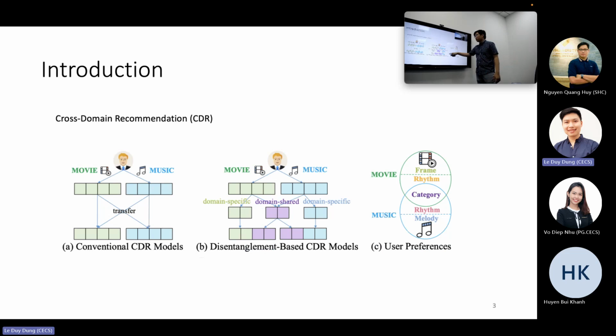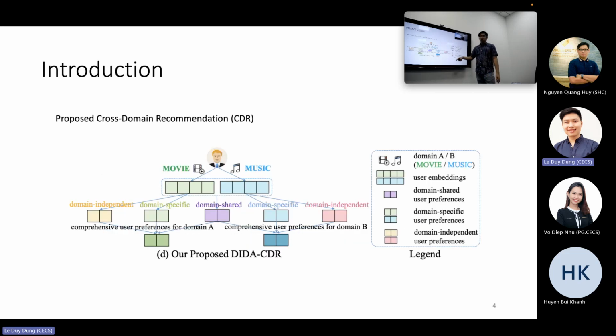In the conventional one there are only two kinds of domain information, domain-specific and domain-shared, but in their proposed method there are three kinds of information they would like to extract: independent, specific, and shared. At the last layer they concat them together to represent the feature of movie and music.